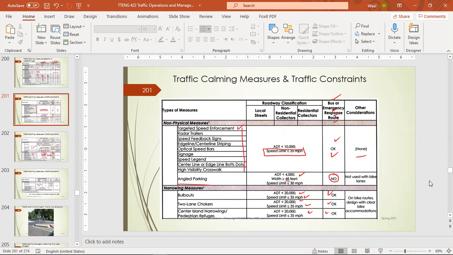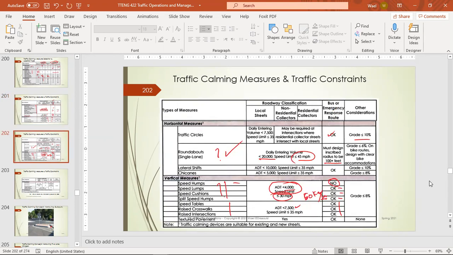That's another option, but again, this is for low volume, low speed. So you have to keep working around these and make the right selection for the right location for the true problem that you are trying to solve. So we don't go just jumping to, okay, put the speed hump. No, it doesn't work this way.